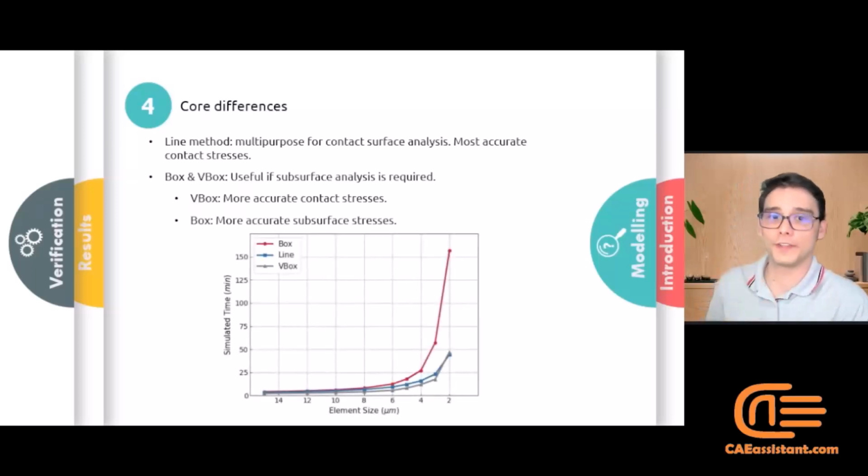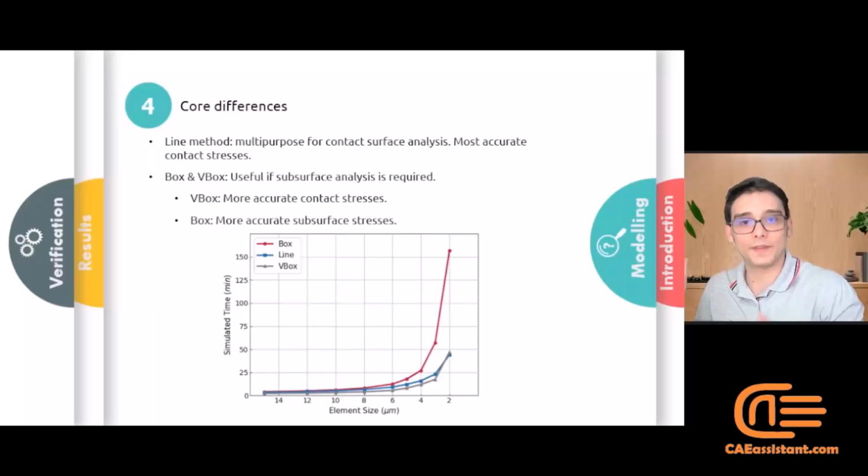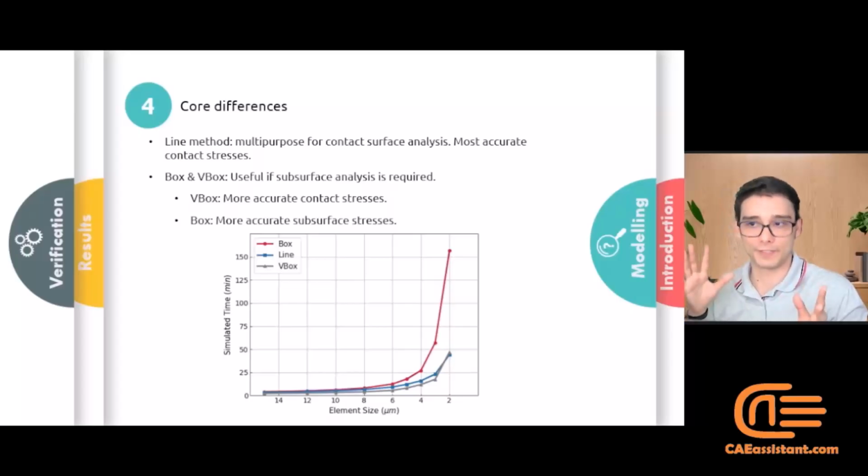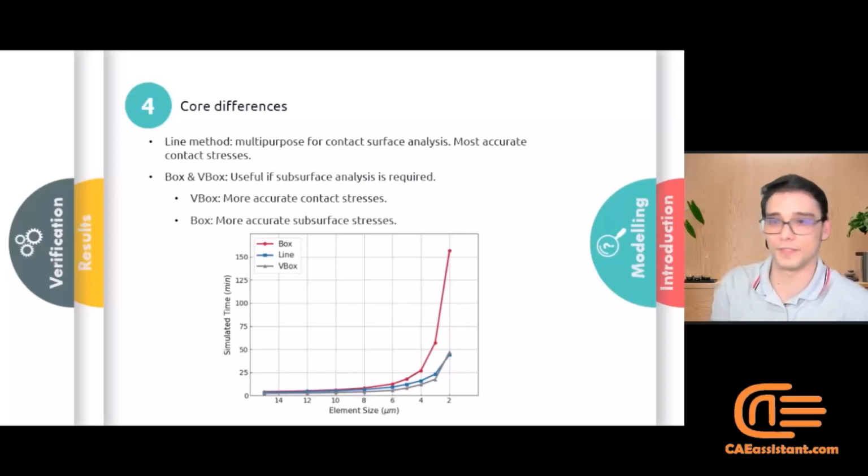Another thing to consider is the computational time. As you can see, the box method computational time increases exponentially really fast compared to the other ones. So the use of the box method depends on the accuracy of subsurface stresses you need and how much time you're willing to pay for this precision. Meanwhile, the line and the VBox methods are quite similar.